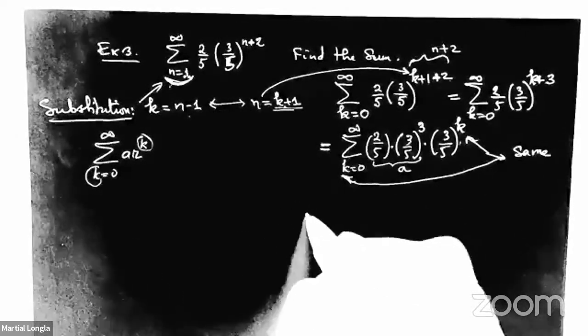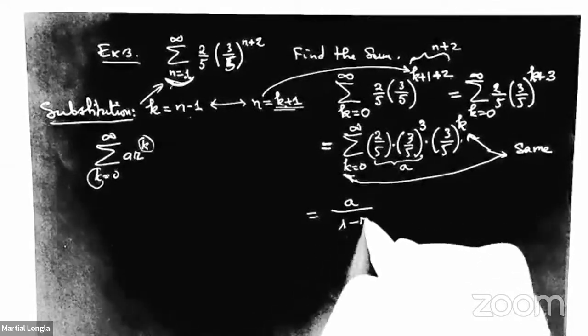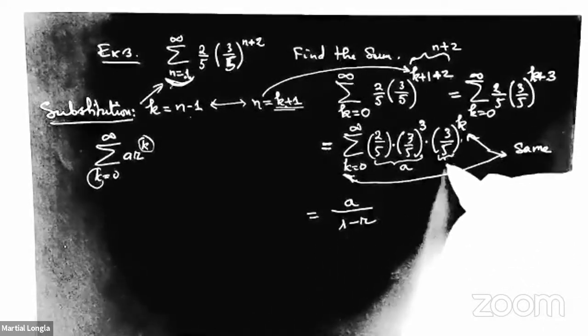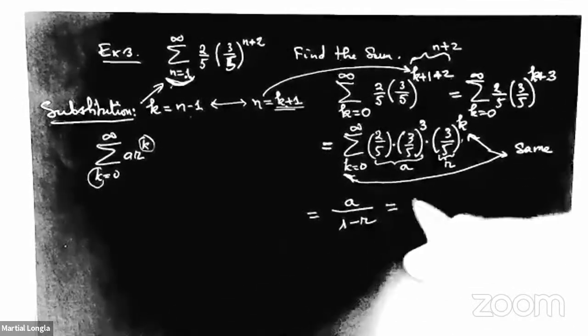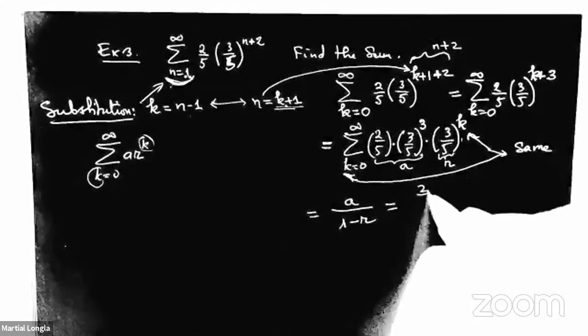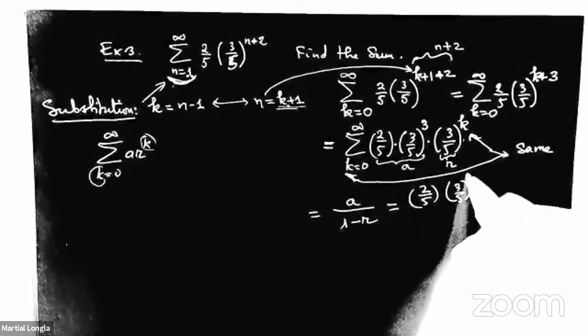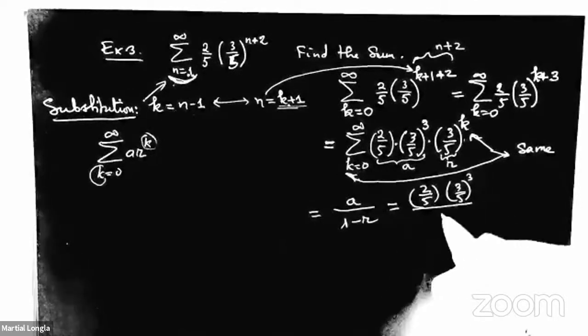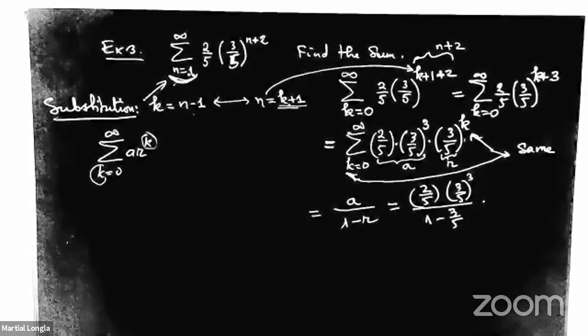And therefore that sum is equal to A over 1 minus R, and that's the R from the beginning. And that is A is 2/5 times 3/5 cubed over 1 minus 3/5. That's how you will find the sum in this case.